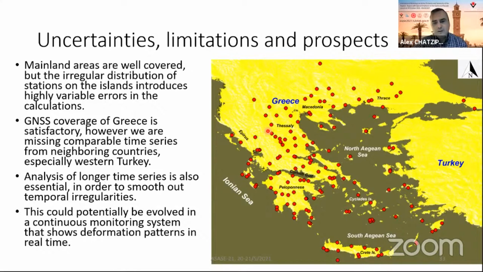We need longer time series, but more importantly, we need information from more stations, especially from Turkey, so that we can have more reliable results for the entire area. And one idea is to have this automated so that we can establish a continuous monitoring system that can show active deformation in real time.